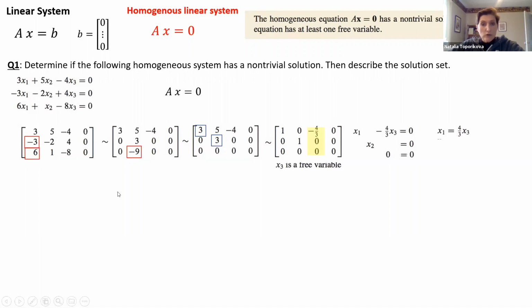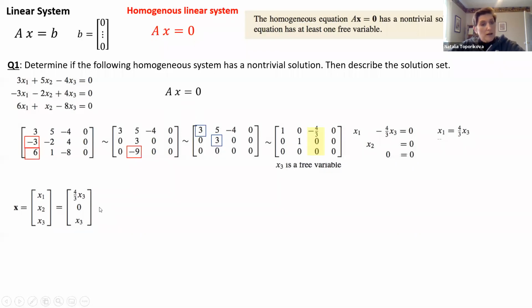So let's write it down neatly as a vector. Our vector x will have three entries: the first variable x1, the second variable x2, and the third variable x3. So x1 goes over here, x2 is 0, and x3 is free, so we just write x3 here.